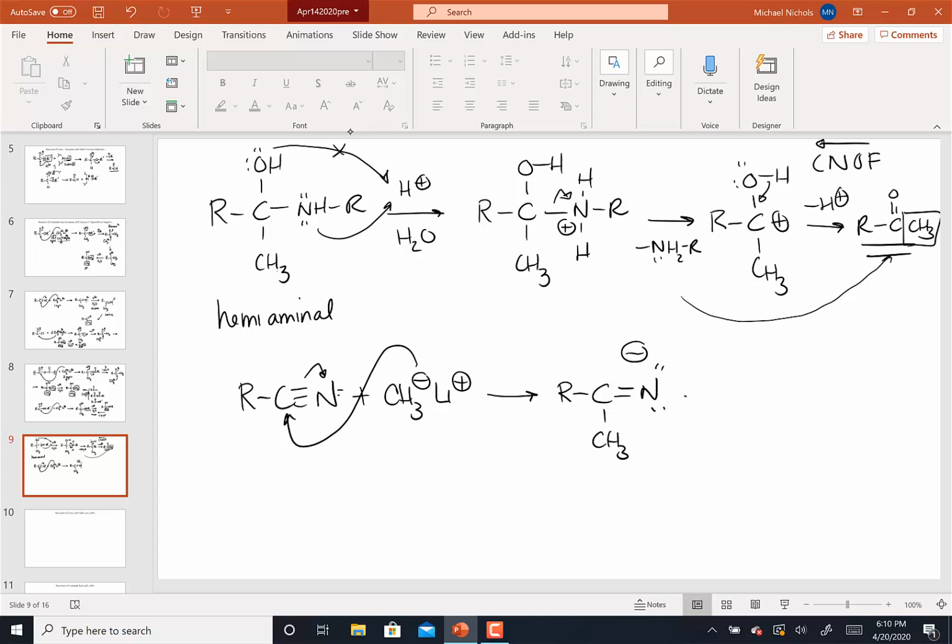What happens next? React it with H plus and H2O in excess. What did I just form? Imine. What happens with the imine in excess H plus, H2O?